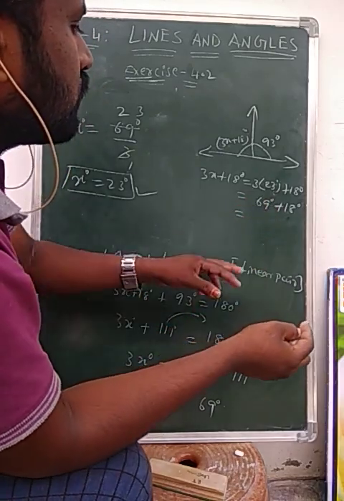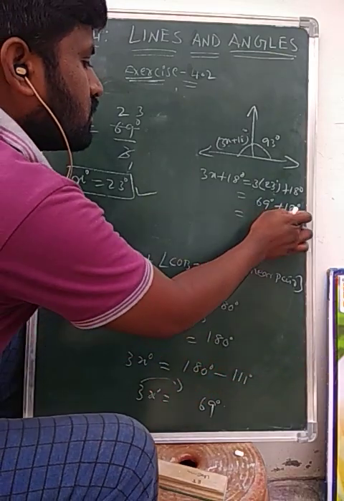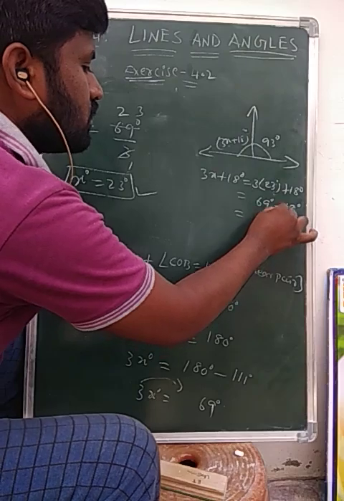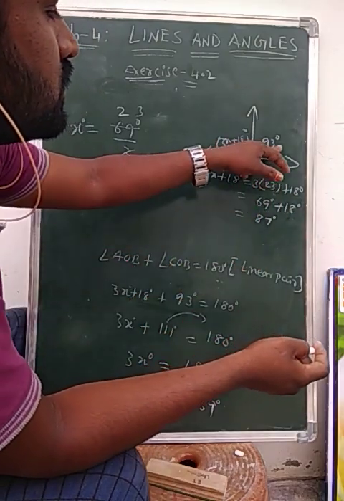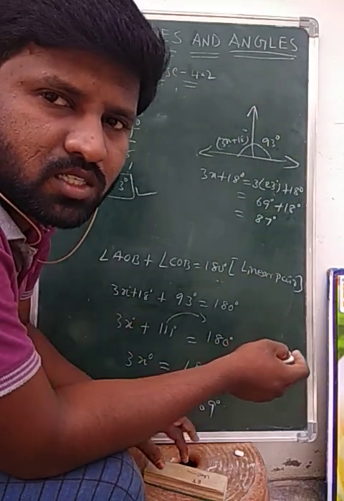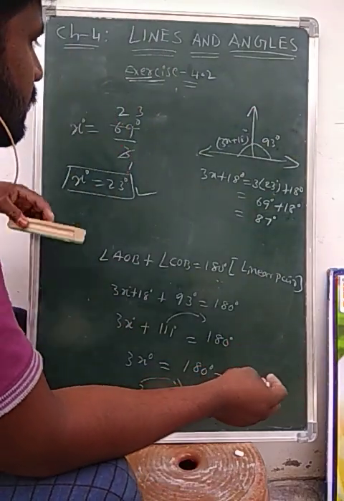That is 87 degrees. Okay, 87 degrees and 93 degrees, the sum of the two angles is equal to 180 degrees. Okay, so this is the verification.